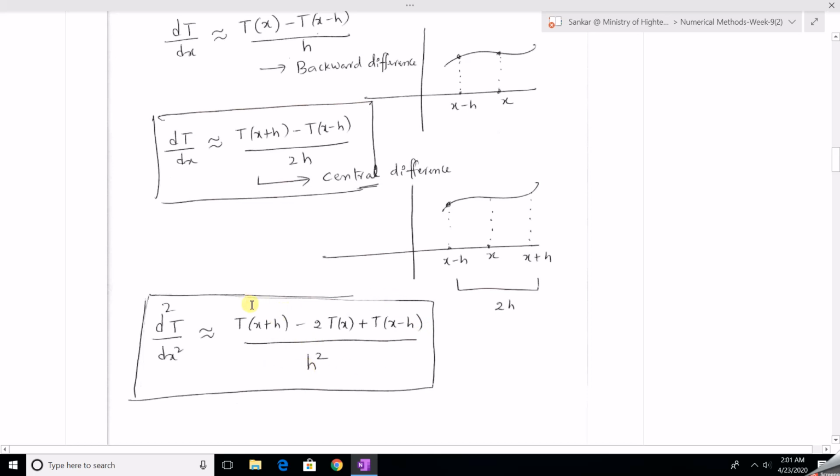So this formula is for approximation of the second derivative with respect to x. So before going to the partial derivatives, we have to look at these two formulas, the central difference formulas. This is the central difference formula for the first derivative with respect to x, and this is the central difference formula for the second derivative, d square t by dx square.